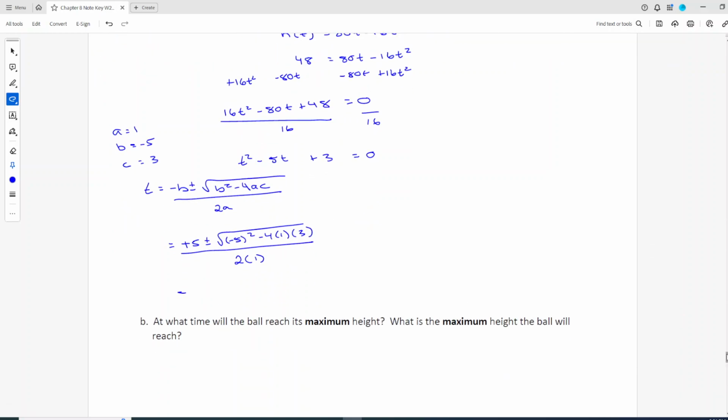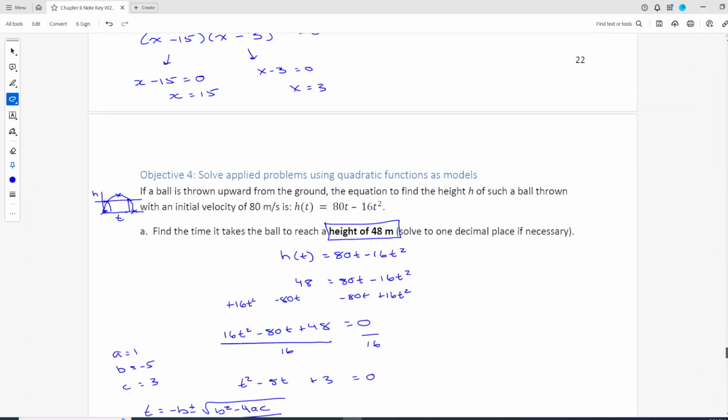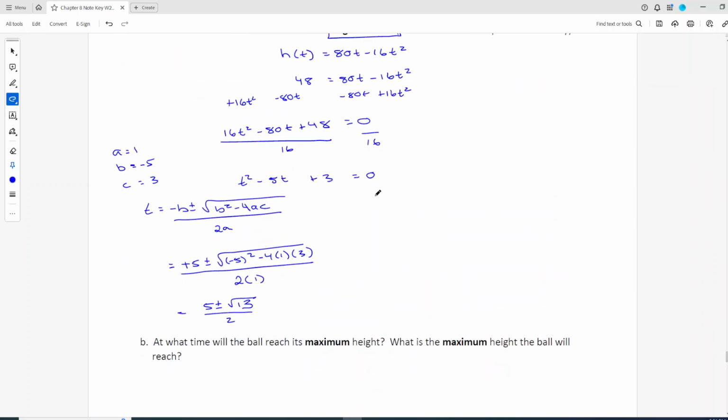So we end up with 25 minus 4 times 3, which is 13. So I've got 5 plus or minus the square root of 13 all over 2. Now, this question said that I'm allowed to solve to one decimal place, so now I'm going to look at my two solutions. One of my solutions is 5 plus root 13 all over 2, and my other solution is 5 minus root 13 all over 2.